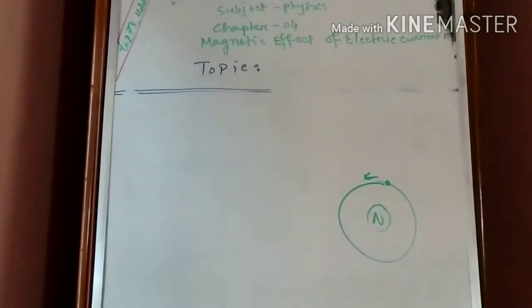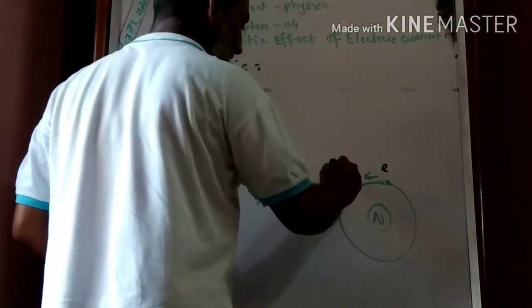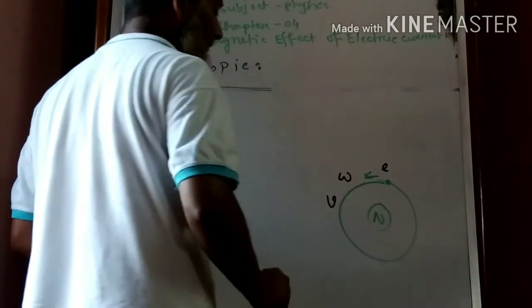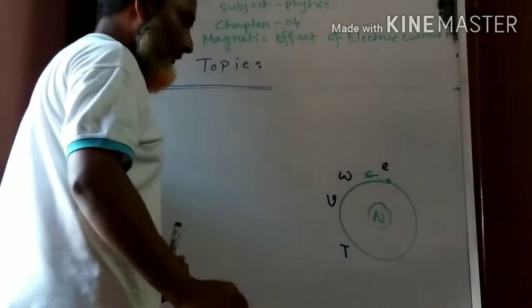And how much will be the magnetic field? The charge of an electron is e. Let its angular speed be omega and linear velocity be v. Let it take time t to complete one revolution.